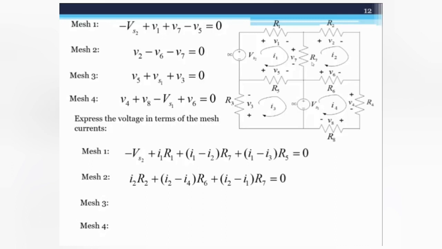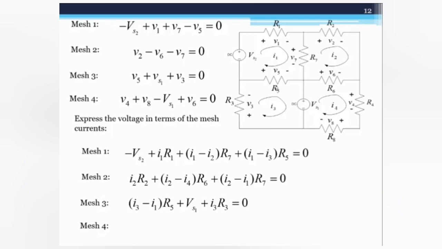Similarly, for the third loop, the source direction is from positive to negative, and therefore according to KVL we take it as negative. So it is minus Vs1 plus I3 R3, the voltage across the R3 resistor, plus (I3 minus I1) R5. So our equation becomes minus Vs1 plus I3 R3 plus (I3 minus I1) R5 equal to 0 for mesh 3.